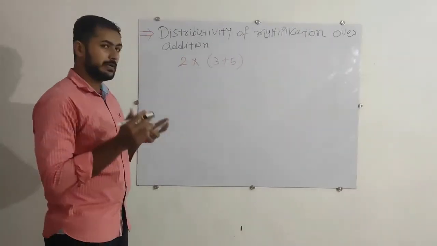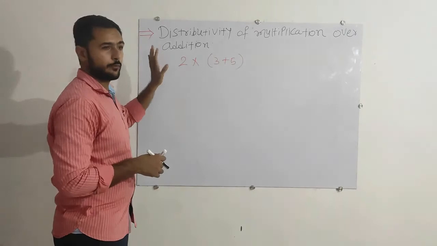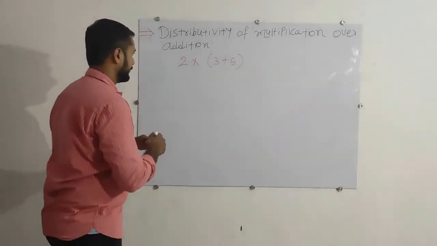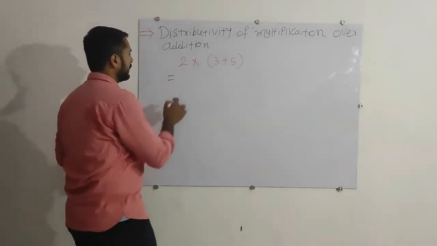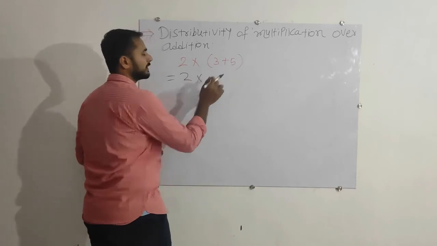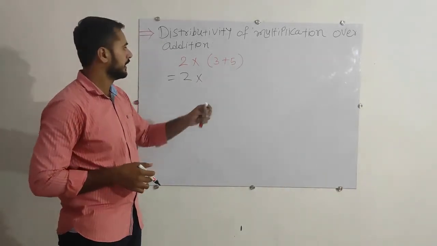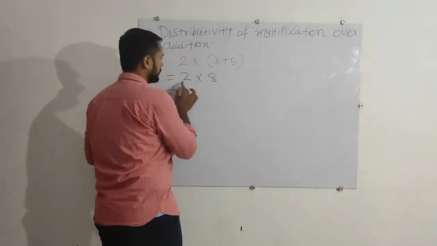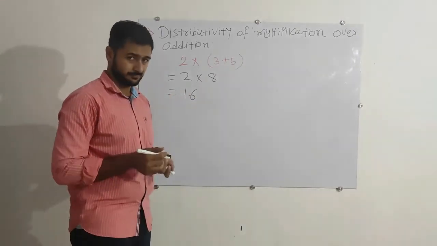First of all, we will solve this by a very simple method, and then we will actually use the distributivity. Here we have 2 multiplied by (3 plus 5). We always solve the bracket first. 3 plus 5 is 8. 2 8s are 16. That's the answer.